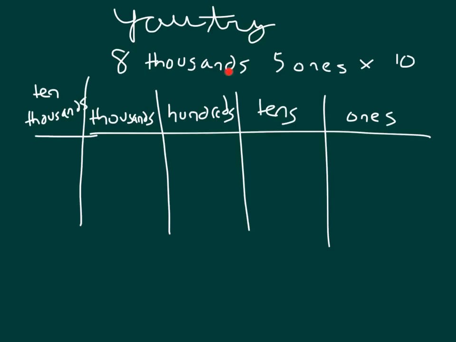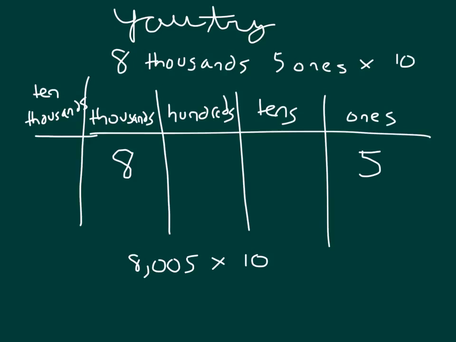Okay, 8 1,000s. Let's model that first. I'm going to use numbers. If you used disks, that is fine. In this case, I have modeled 8,005. What I will do now is I'm still multiplying by 10.